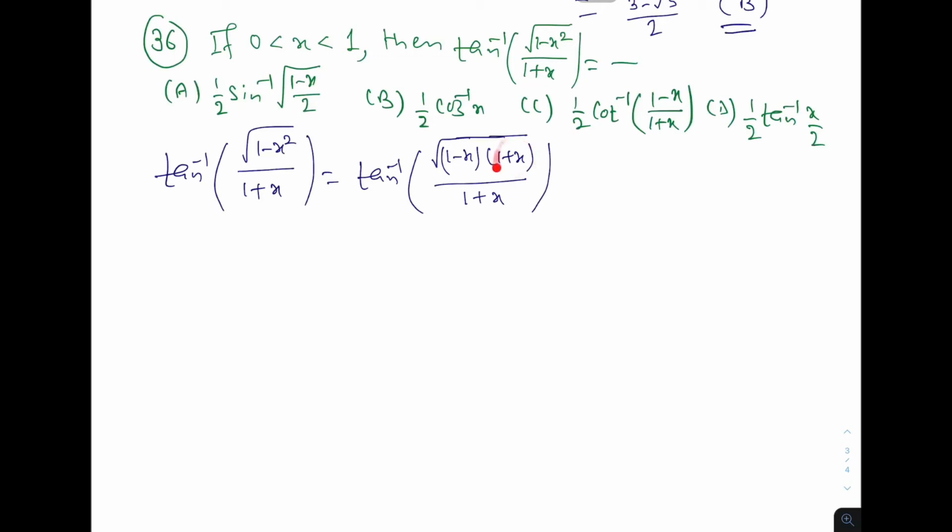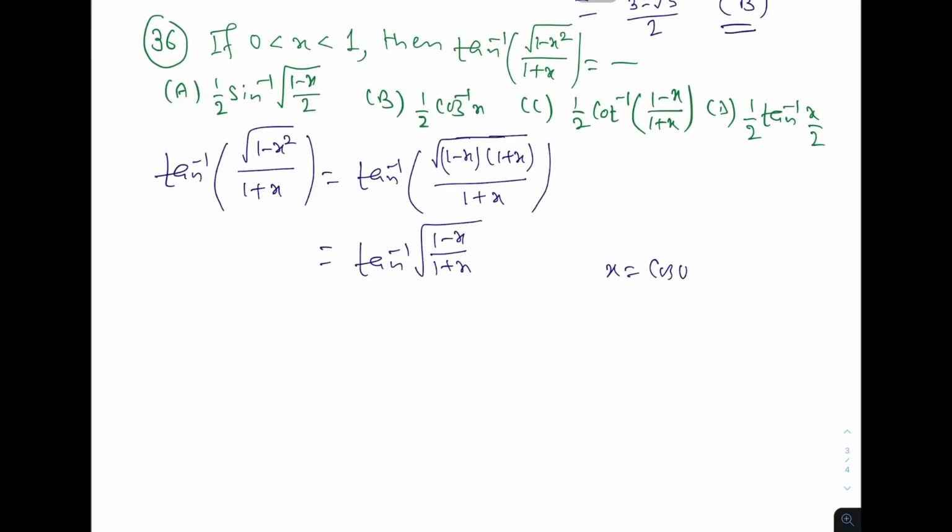Now this root 1 plus x and this 1 plus x, so that root 1 plus x cancel, so then it remains tan inverse root 1 minus x over 1 plus x. Now this is standard.